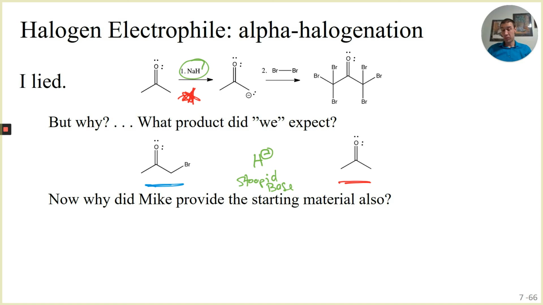So if our expected product didn't actually stay there, what we're saying is that that expected material has to be more acidic than this one. Why? Okay, so let's draw on a hydrogen. Why is that green hydrogen more acidic than that purple hydrogen from our starting material?